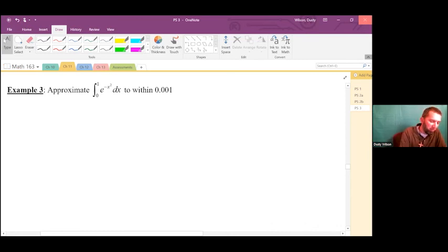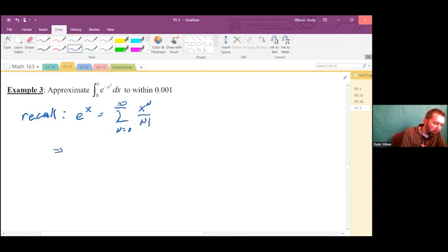So it's best to begin at the beginning. So let's start with what we know. So we recall that e to the x is equal to the sum from n equals 0 to infinity of x to the n over n factorial.